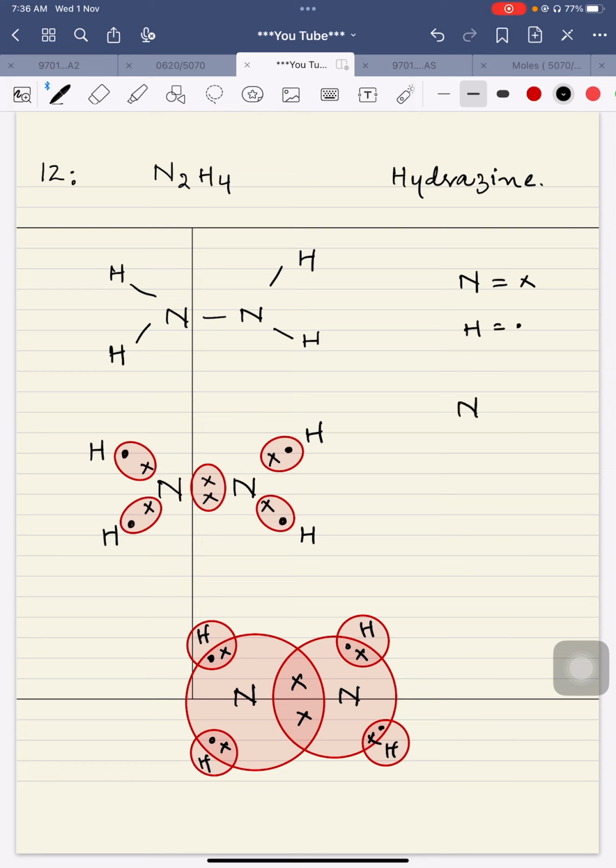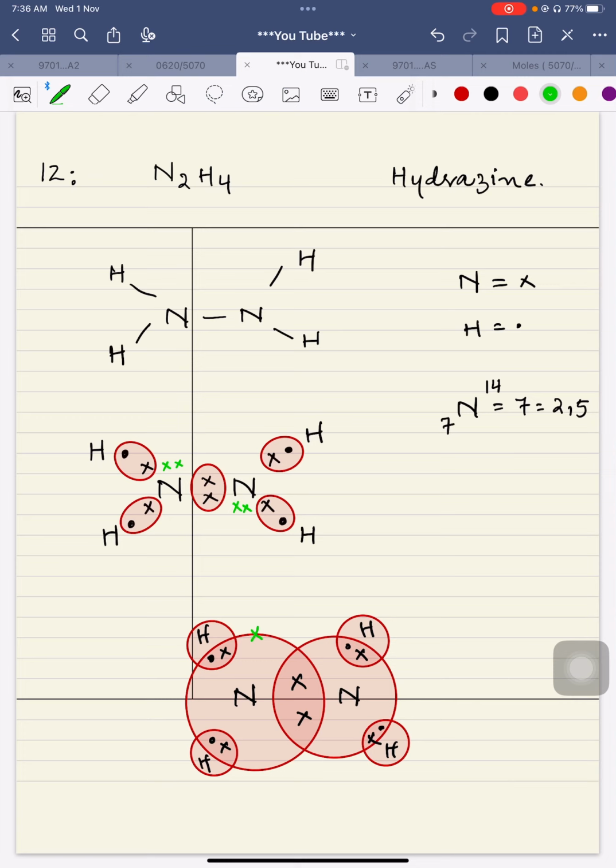And we know that nitrogen has 7 electrons in total. When we write its electronic configuration, it is 2 and 5. So 5 electrons are there in the outermost shell. Out of the 5 electrons, 2 electrons will be shared. So I'm going to draw the lone electrons with each of the nitrogen with the green color.